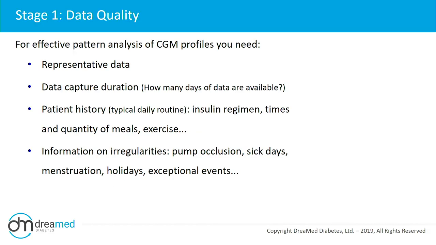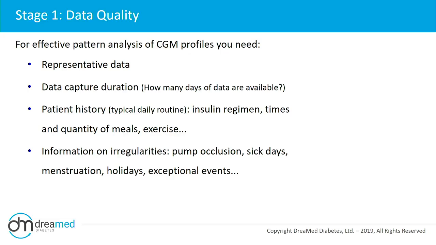First, let's talk about quality data. To have effective pattern analysis of CGM, we need to make sure that, number one, the data is representative. We're trying to analyze the past in order to make conclusions about the future, right? So we want to know that no special circumstances happened in the past, because if they did, we will not be able to make a conclusion about the future.